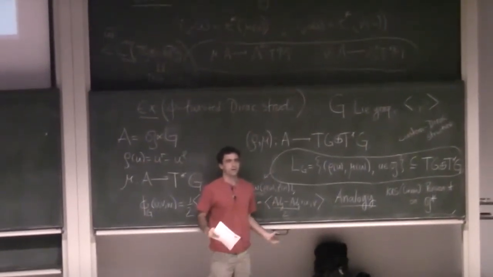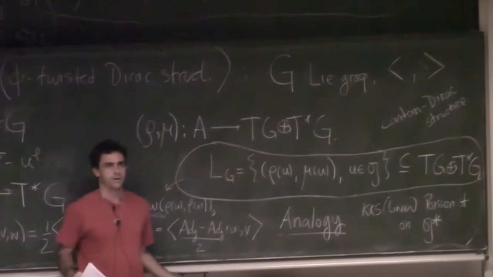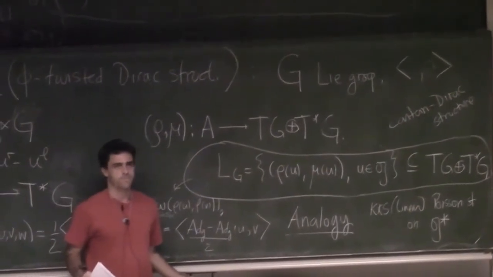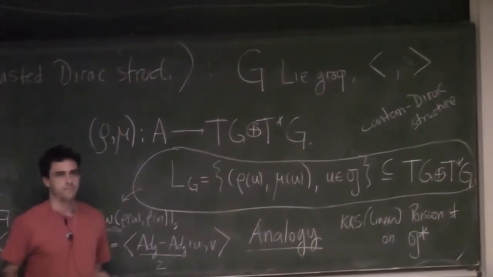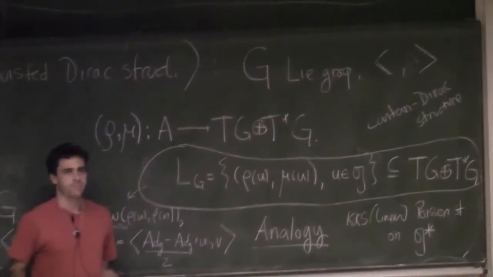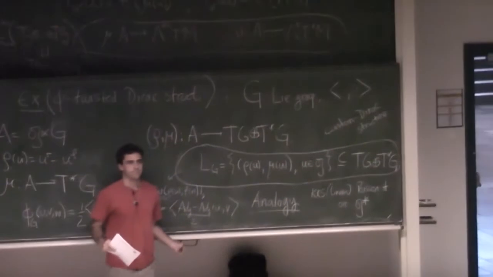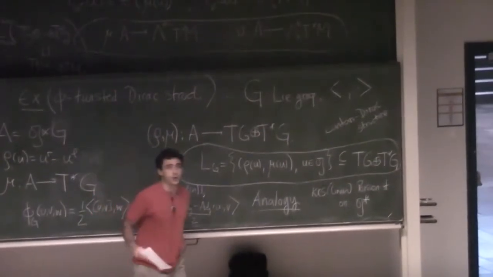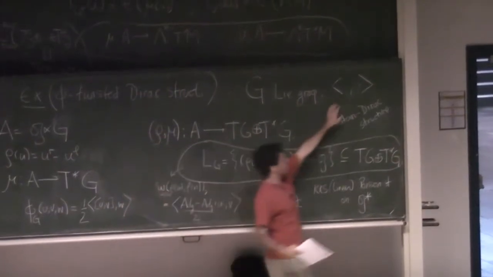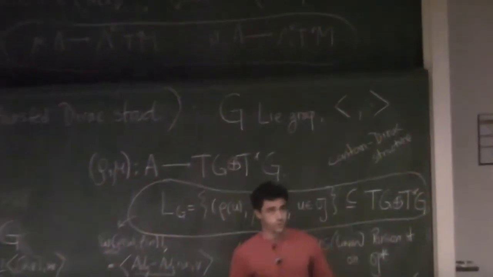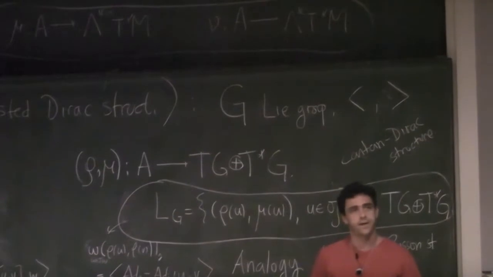Yeah? So the KKS form is defined for the dual of any Lie algebra. Why would that form only be defined for a Lie group with an invariant inner product? Because they are not really the same thing. Yeah, so you certainly need this to define this.